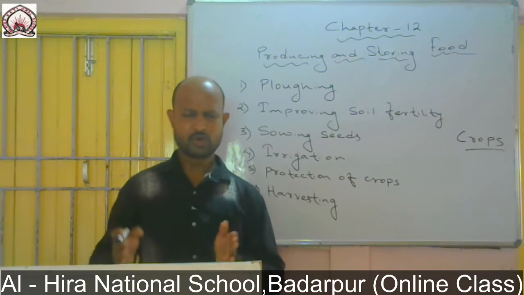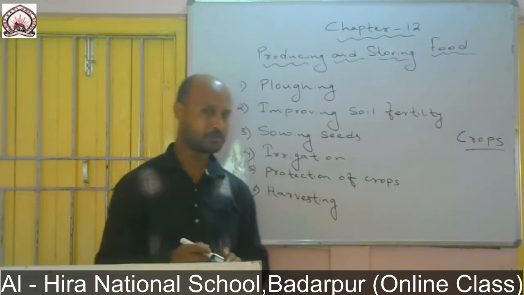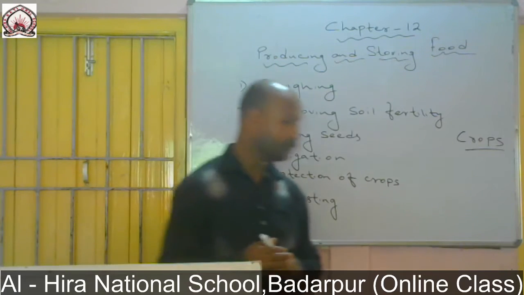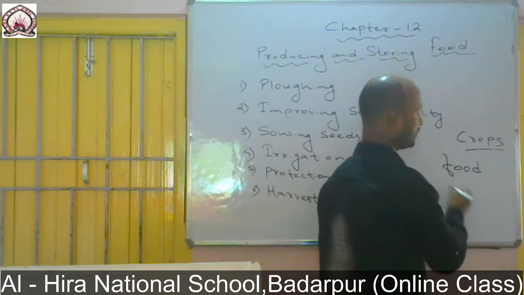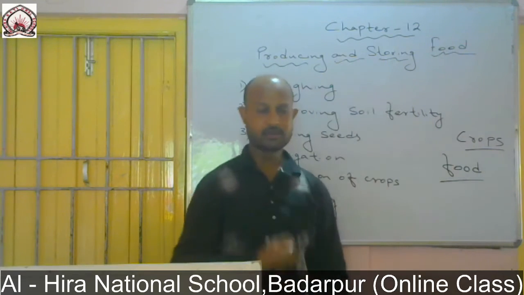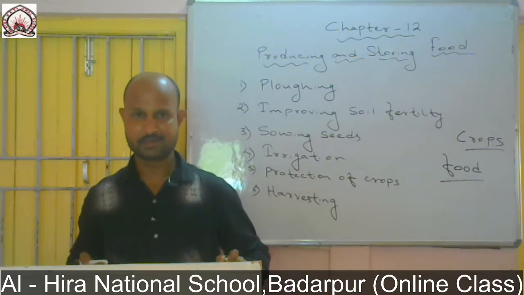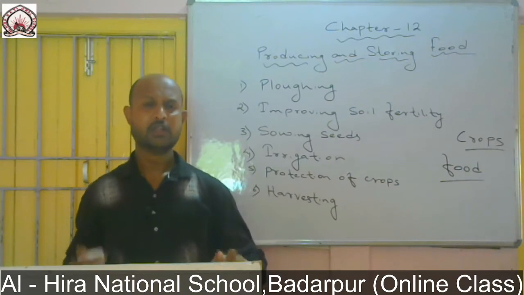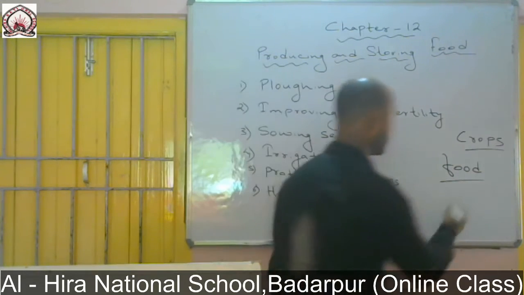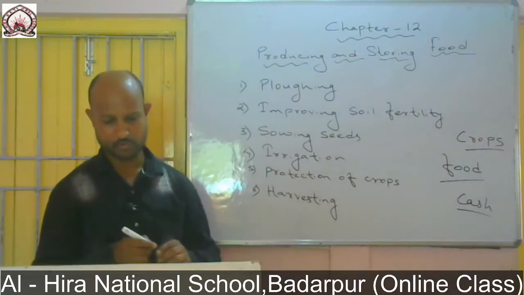Those crops that are specially grown for the production of food are called food crops. And those plants that are grown for commercial purposes, not for the production of food, are called cash crops.